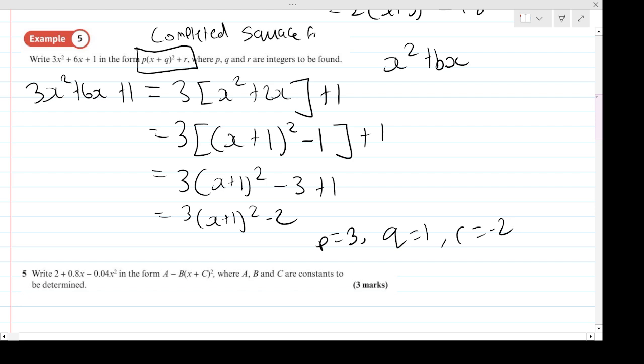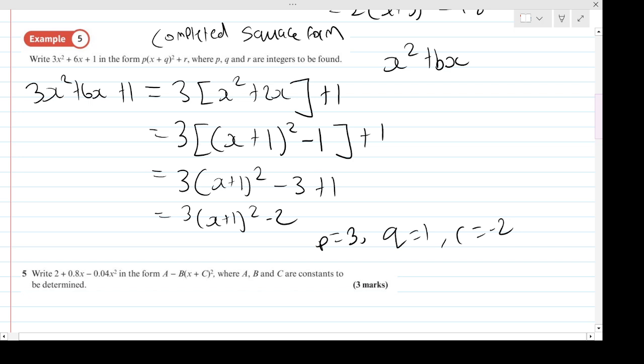And that's it. Cool. And so in general, when you have a quadratic and then we get some sort of bracket x plus something squared, that hints that you need to complete the square. But yeah, that's the whole process, right?